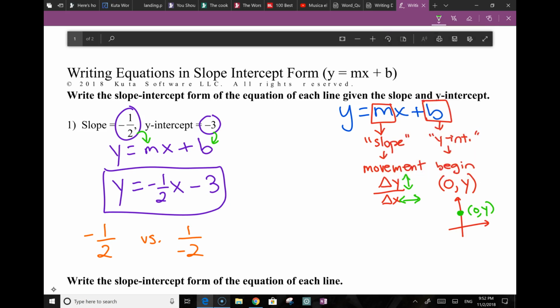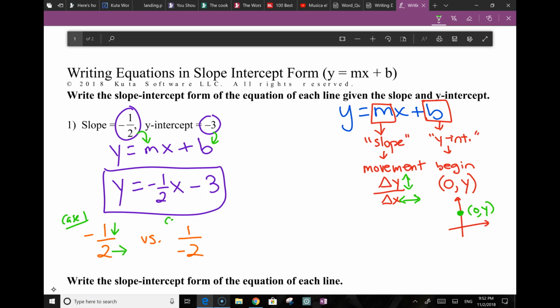If you were to go with the first case, this negative being on the 1 simply means that from whatever point you're starting with, you would then move down 1 unit, and then the 2 means you would move to the right 2 units.